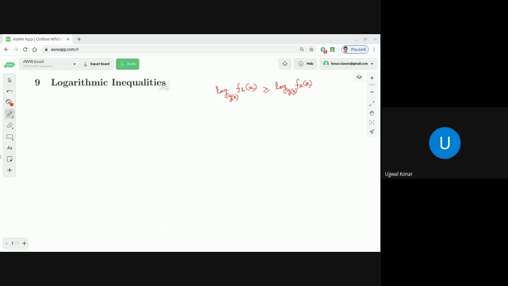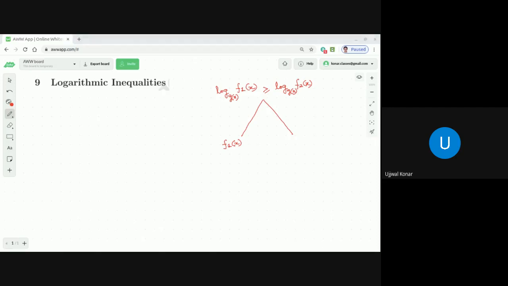So when you say that log of f1(x) base g(x) is greater than or equal to log of f2(x) base g(x), if we can make this relationship in terms of f1(x) and f2(x), then it is very easy to solve, because f1(x) and f2(x) are mostly algebraic functions.